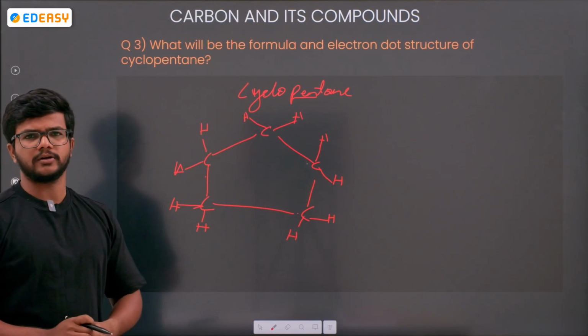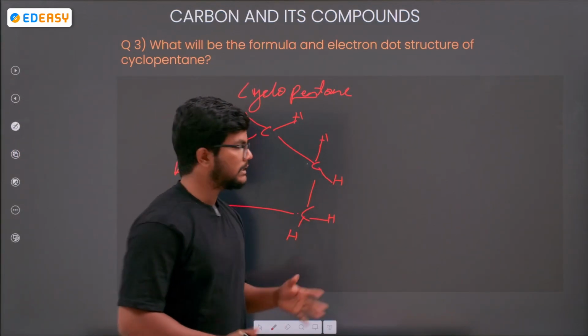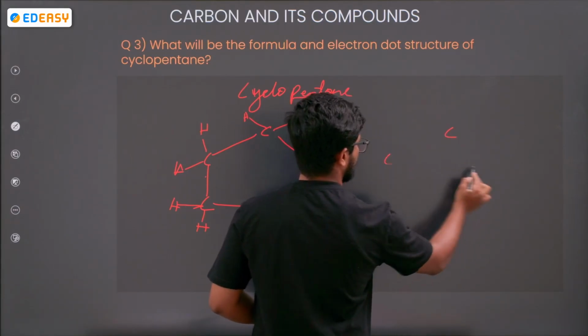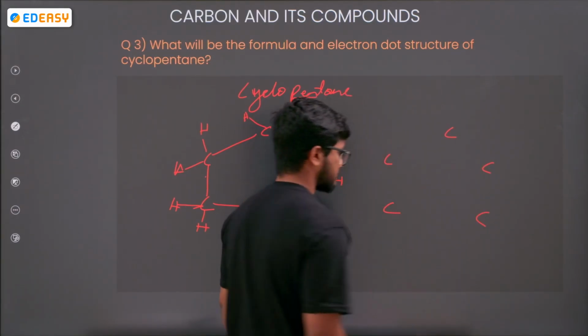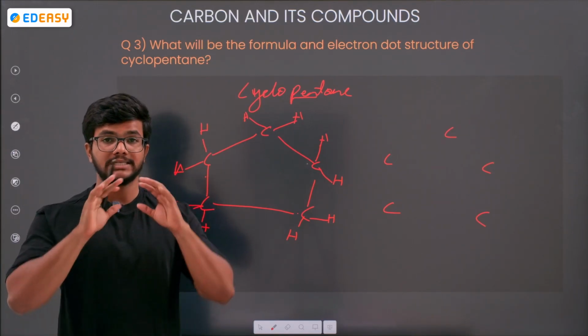And what will be the electron dot structure? The electron dot structure can be the same as this, but with dots, 1, 2, 3, 4, 5 carbons. The outermost electrons are kept as dots around the atoms.